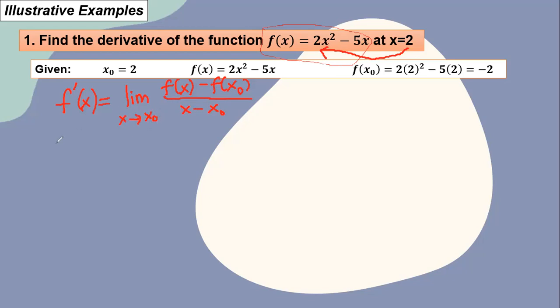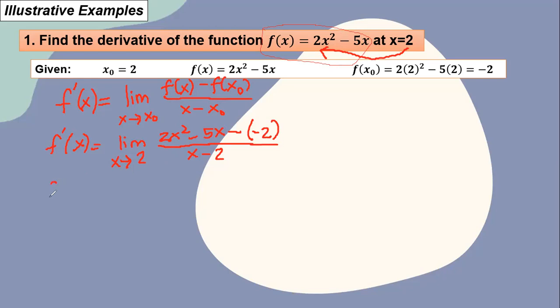Okay, so substituting for f prime of x, that is equal to the limit of, given natin, for f of x is 2x squared minus 5x, minus f of x sub 0 is negative 2, all over x minus x sub 0 is 2, okay, as x approaches x sub 0, which is also 2.